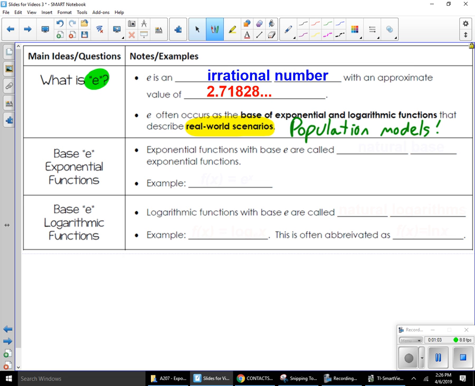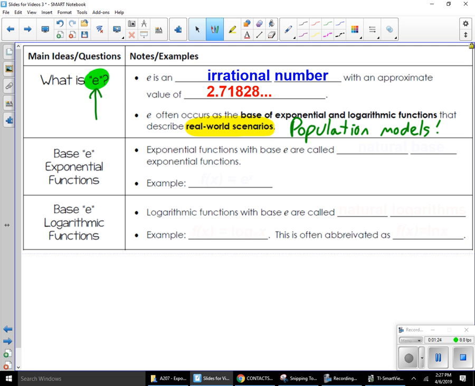Recall, that's when we looked at the world population clock. Population really does grow continuously. A baby is born now and now and now and now and now. They don't wait for the first of the quarter in order to reproduce. So population models are continuous. You could model those with a base of e.